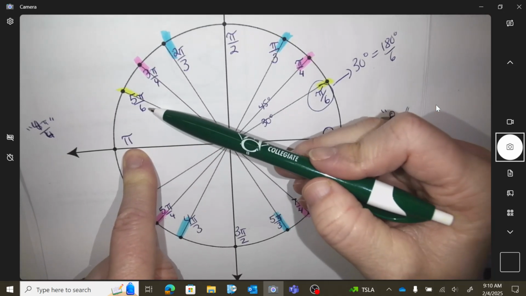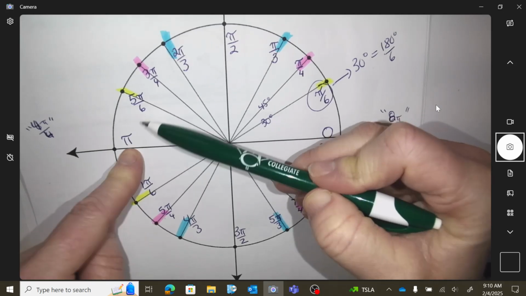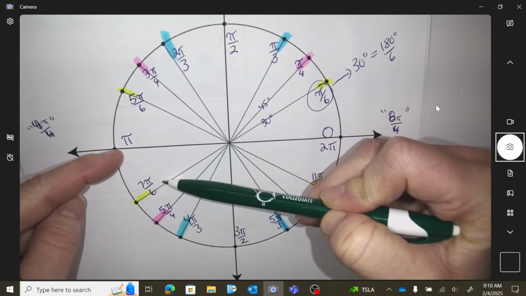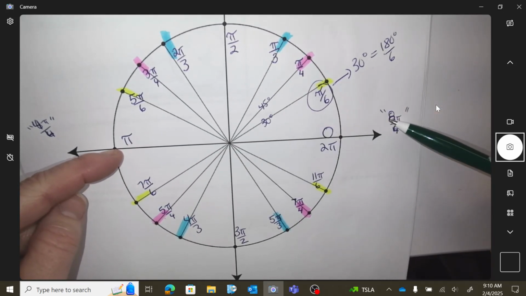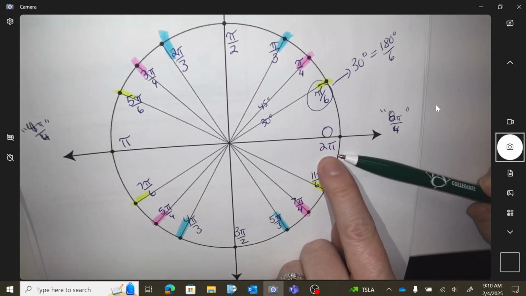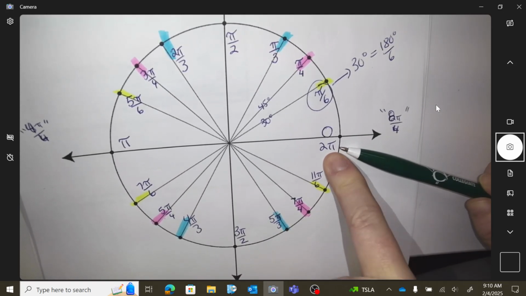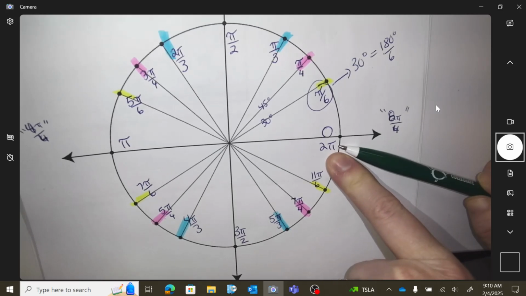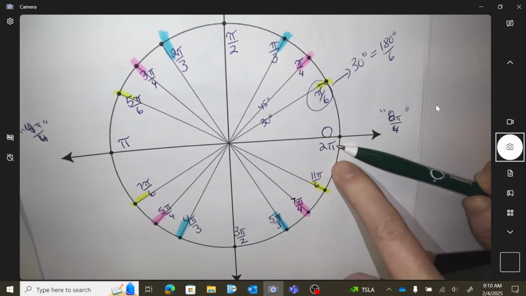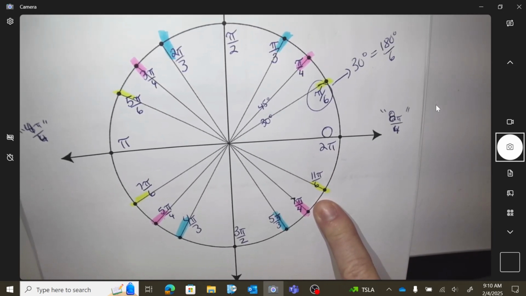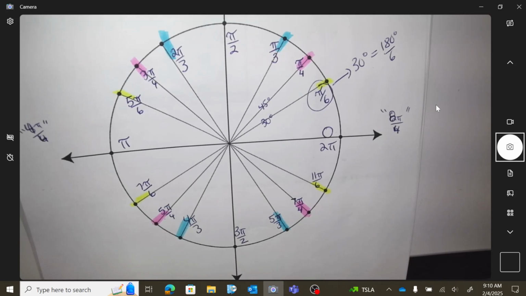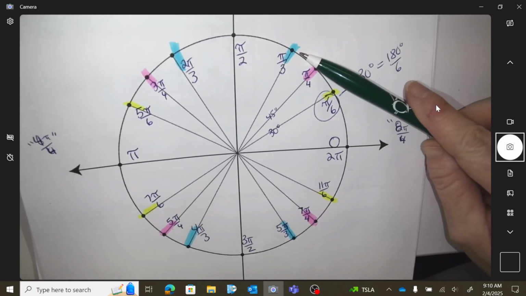So that is why I came up with 5 over 6 here and 7 over 6 here. Then over in this spot, when I did 2 pi, I changed that in my head to be 12 over 6, hence why this is 11 over 6. Okay, does that all make sense? And I just repeated that same idea, obviously, with the fourths and the thirds.